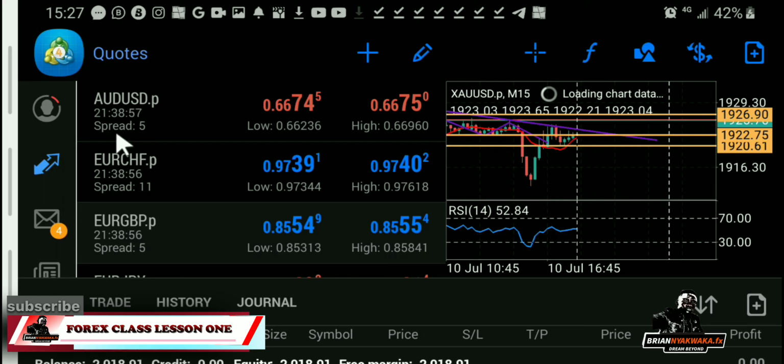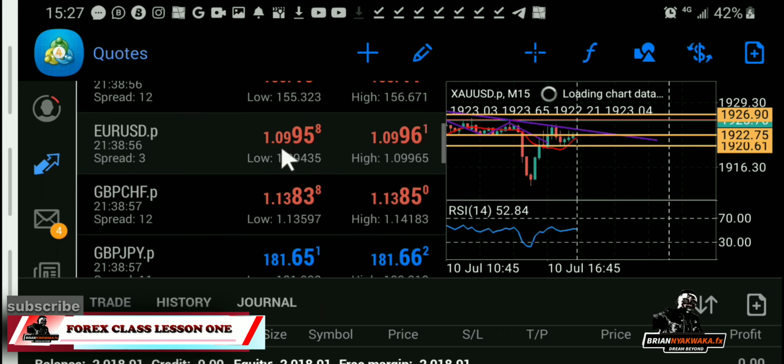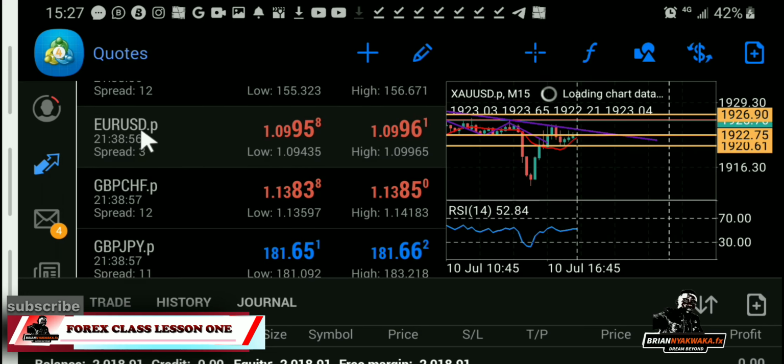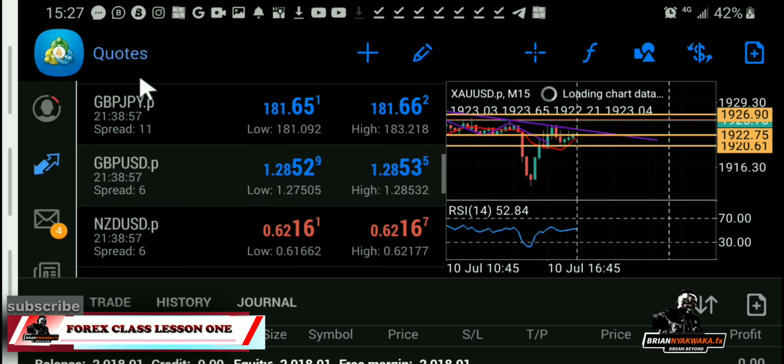We have euros to Swiss franc. We have euros to Great Britain pounds. We have euros to Japanese yen. We have euros to United States dollars. We have Great Britain pounds exchanged to Swiss franc, Great Britain pound to Japanese yen.